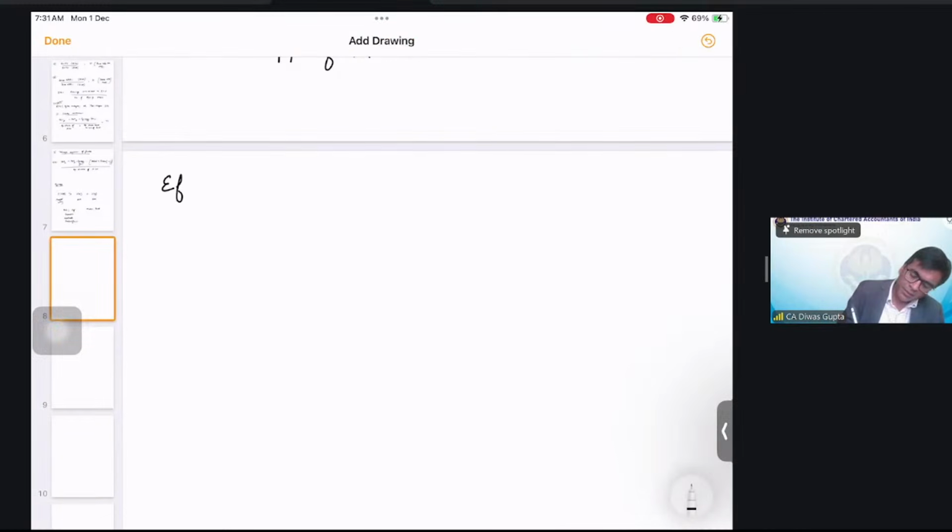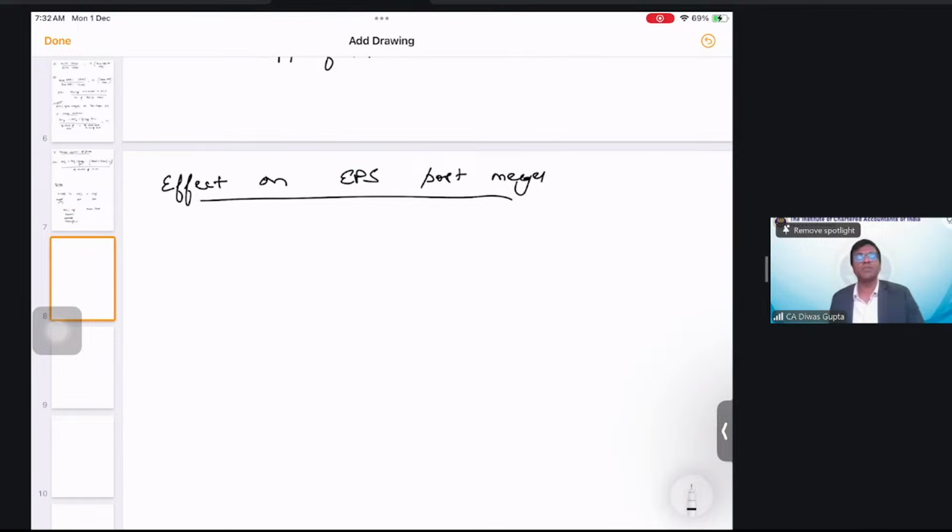Now, sometimes the question might ask you that what is the effect on EPS post merger? So students, above we have calculated that what is the EPS post merger, but here we are trying to calculate what is the effect on EPS post merger.